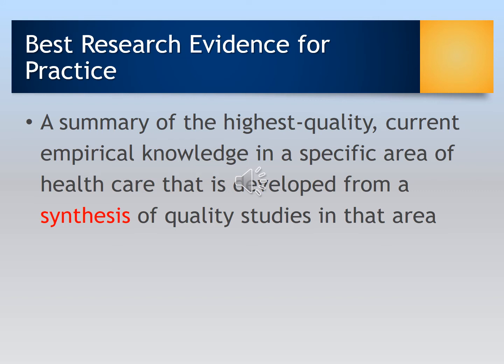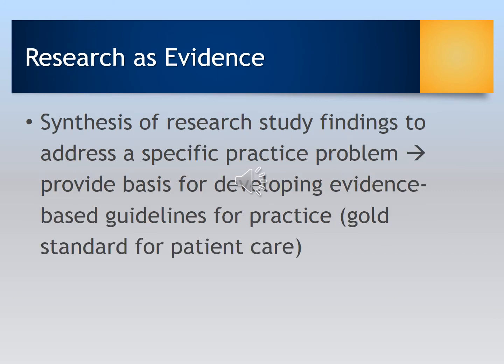The synthesis, or the systematic review of lots of studies, gives you a better assessment of whether or not this intervention did indeed work. So synthesis of research studies is the gold standard for patient care. Our clinical practice guidelines are based on systematic reviews, and that's an important part because it's really pulling together evidence from many sources to get the best evidence to drive our practice.